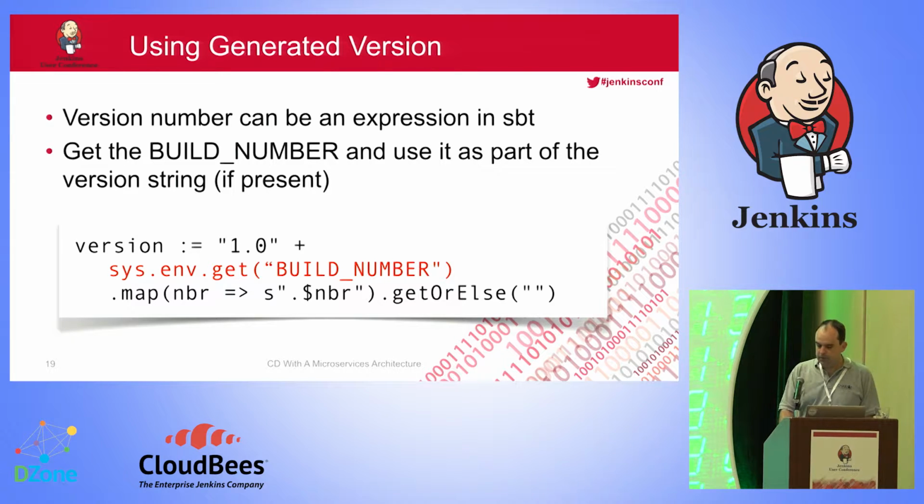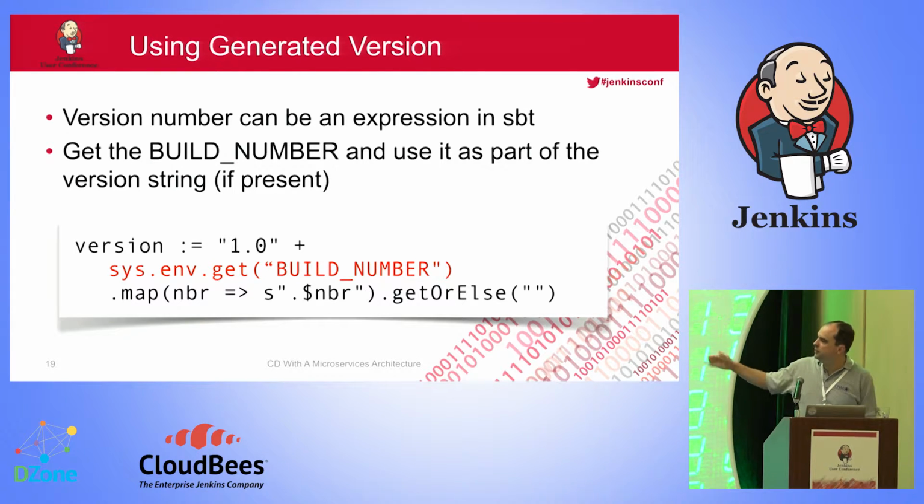So one of the nice things about SBT is that any property that you set in the build definition can be generated with code. And so this piece of code I have on the screen is how I set the version number in my build definition file. Again, I have a hard-coded 1.0 here.